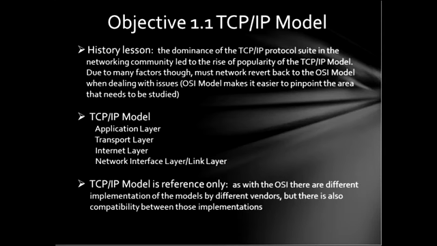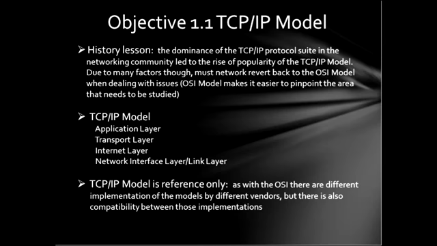Everybody uses TCP/IP, so that means it had to have its own model so that everything can communicate. TCP/IP is a little bit easier to get your mind around. It's only broken into 4 layers: the application layer, the transport layer, the internet layer, and the network interface layer, which is also sometimes called the link layer.